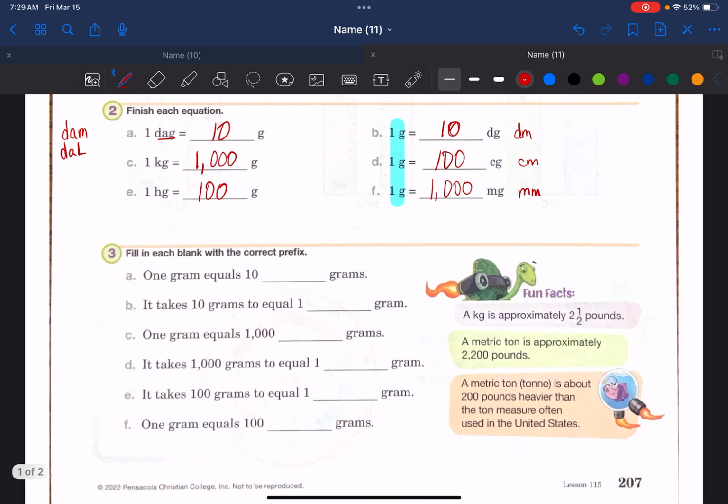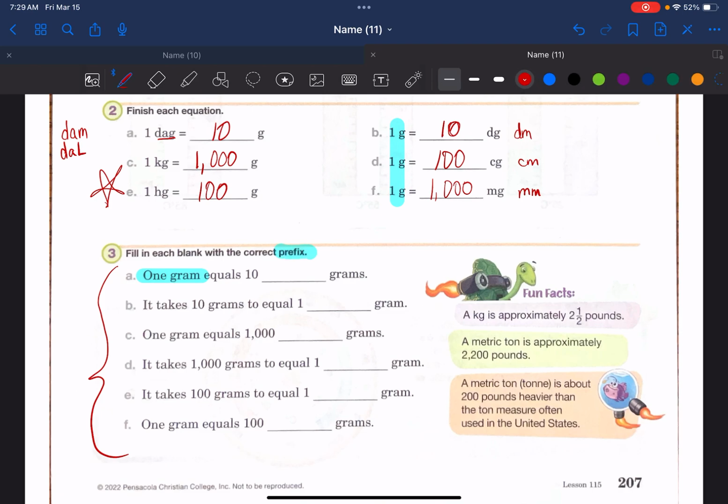Okay, so in the past 2 lessons, I've done this part with you. But I'm not going to today since I just did this part with you, and they are the exact same. It's just worded differently. But it does already say 1 gram equals 10 what? So you're putting the correct prefix.